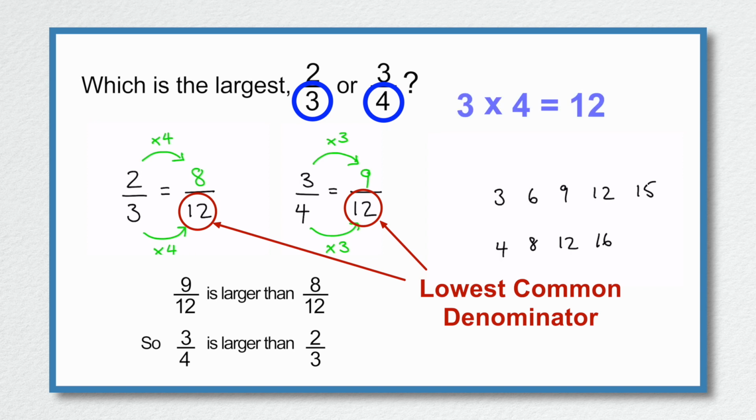That is, 3 multiplied by 4 is equal to 12. But hopefully for some of you, finding the multiple that is common to both 3 and 4 was quite easy. Hopefully you knew that the answer would be 12. And as I keep on saying with this fraction work, it is important to be confident with your multiplication tables.